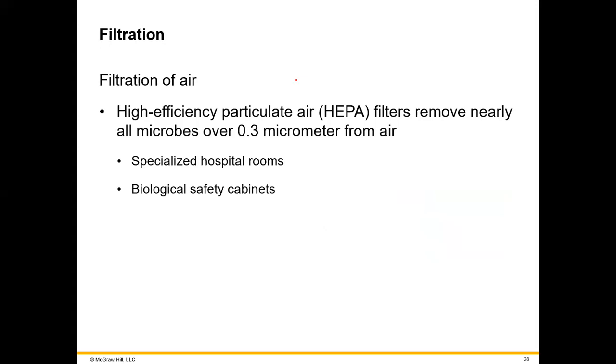They are used in surgical rooms, hospitals, as I mentioned in the previous slides, and we use them in research laboratories, in the biological safety cabinets, where we handle microbial cultures.